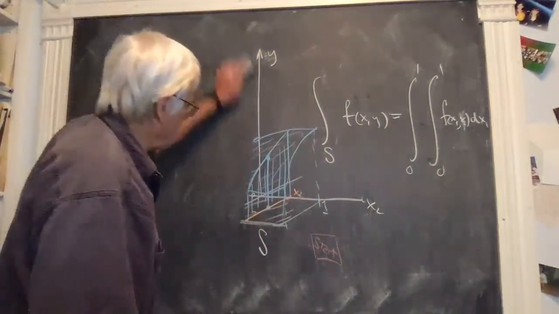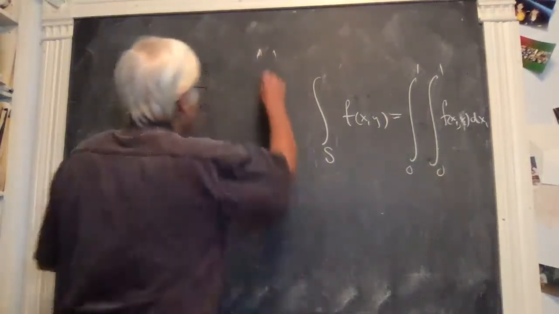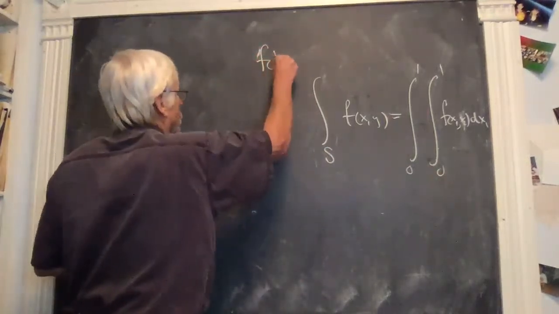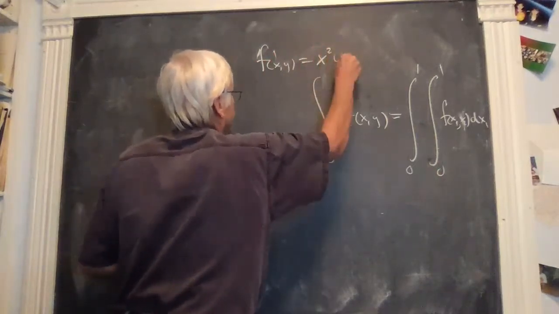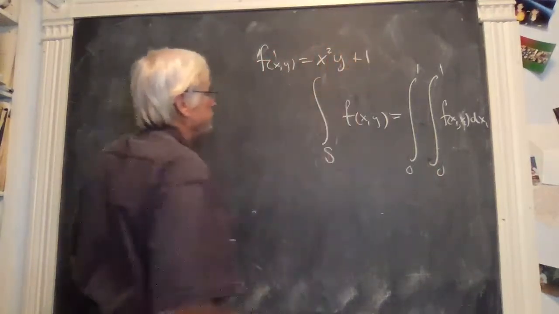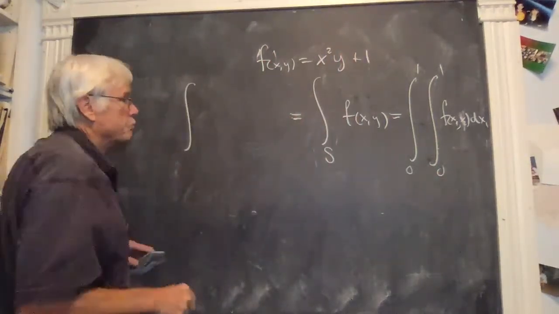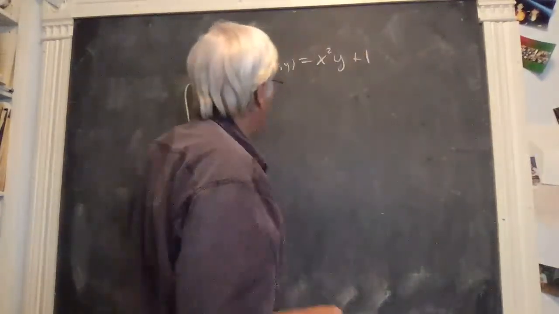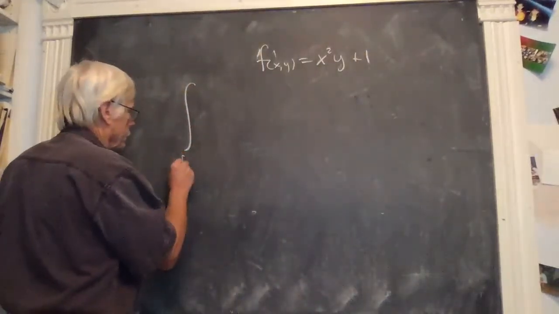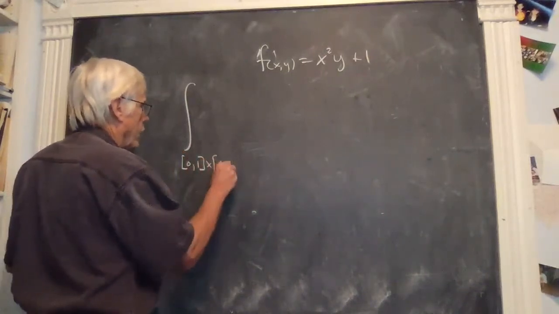So let me see if I can do that with a particular example. Let's suppose that f of x and y is x squared y plus 1. And now we want the double integral over 0, 1 cross 0, 1, the square.